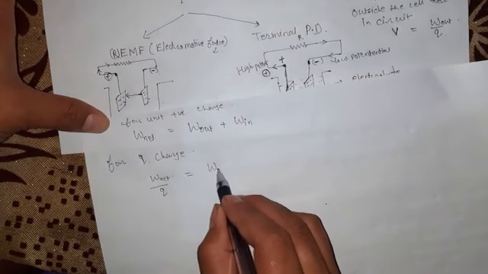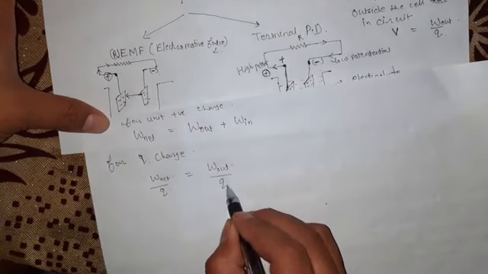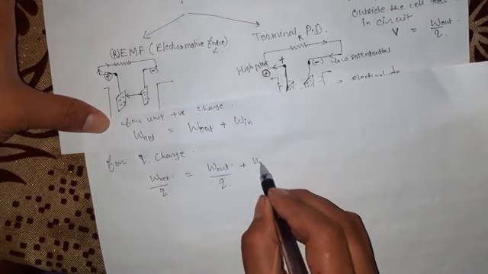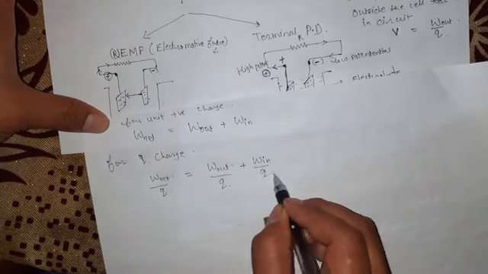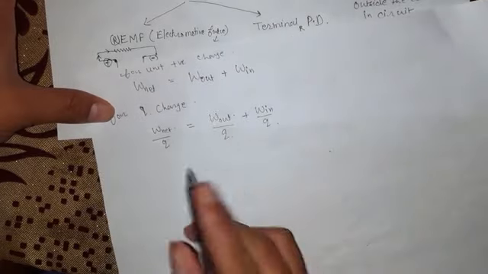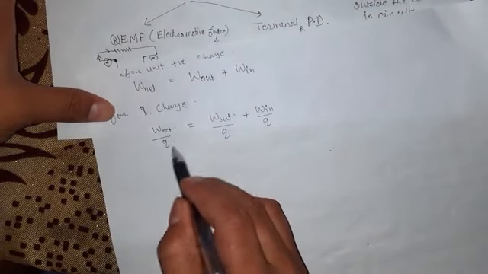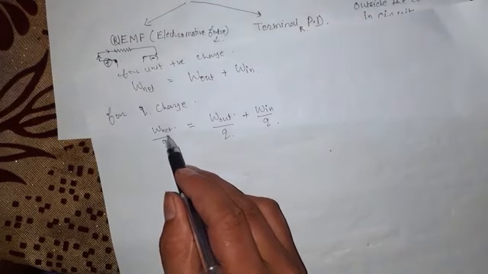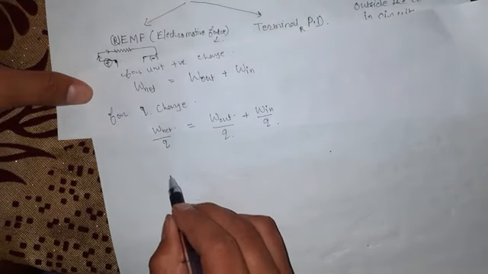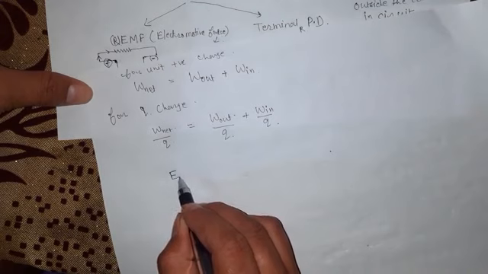So it is work outside in moving the charge plus work inside the cell in moving the charge. Thus we get the total work done in taking the charge in one complete round, which is said to be the EMF.